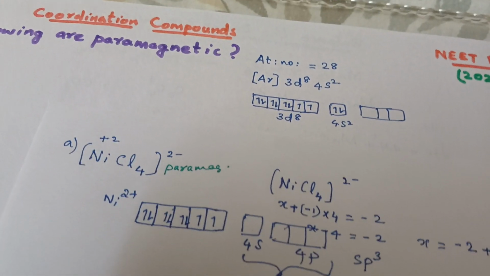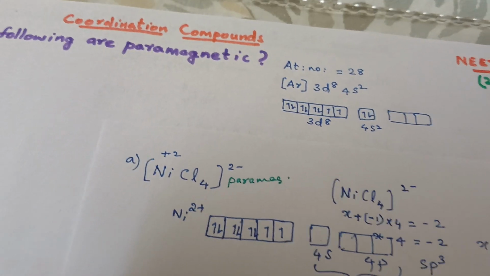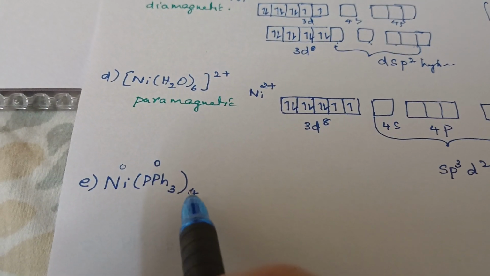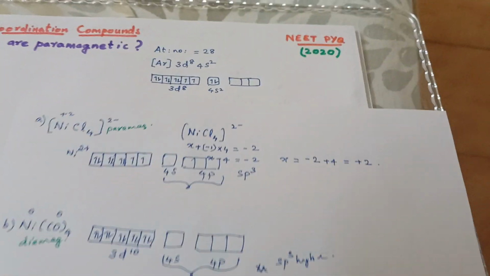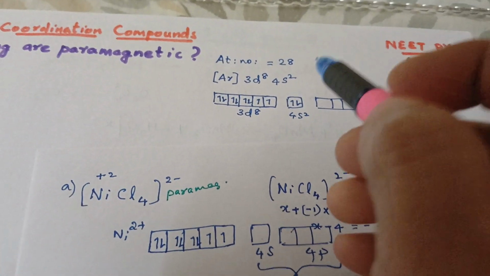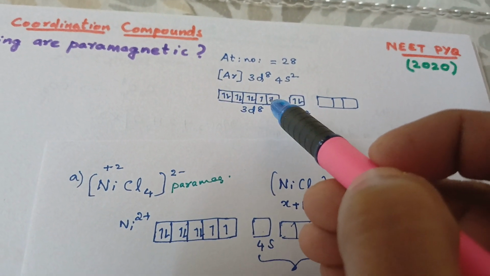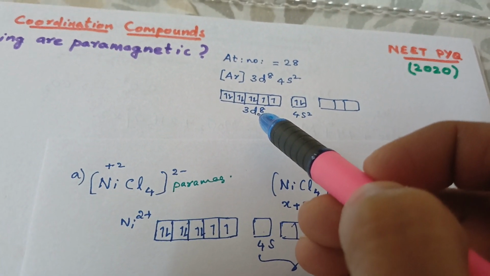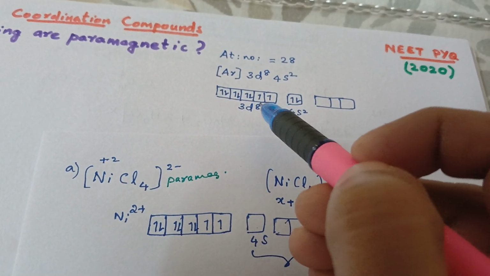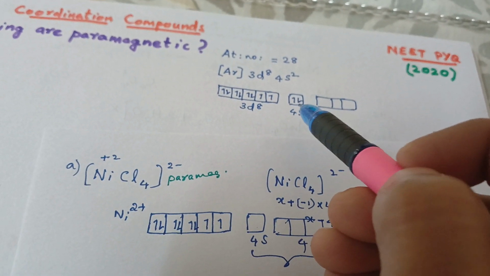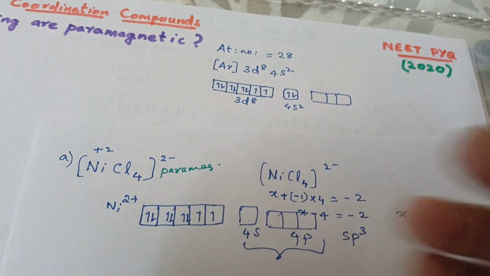But this PPh3 is a strong field ligand. It will make these 4s electrons go to the 3d. So that means there will be pairing up of the electrons, and 4s will become vacant.